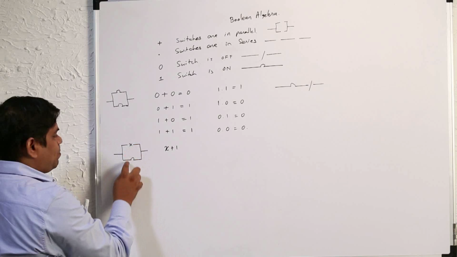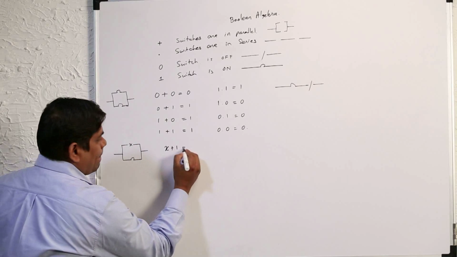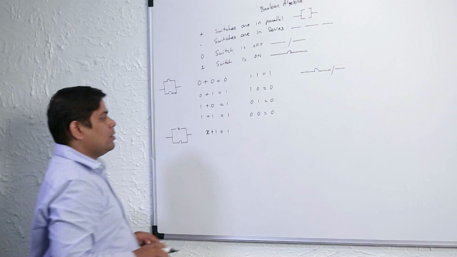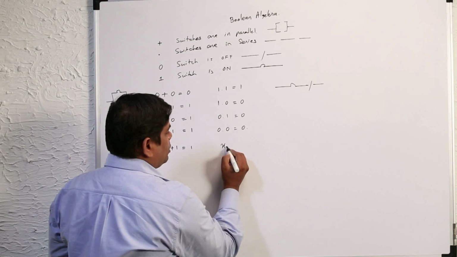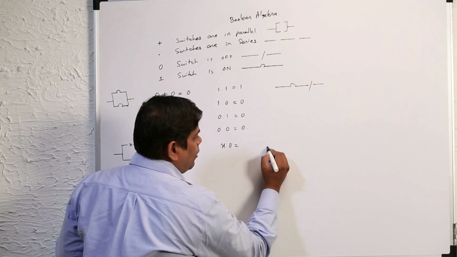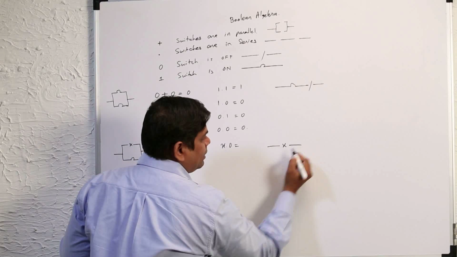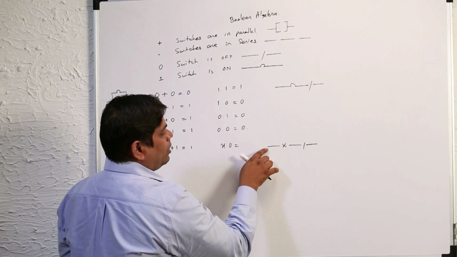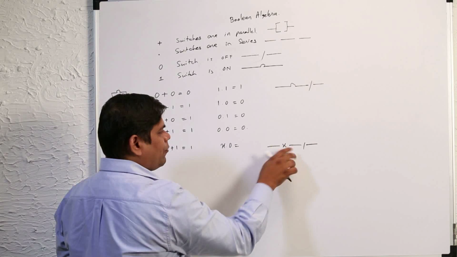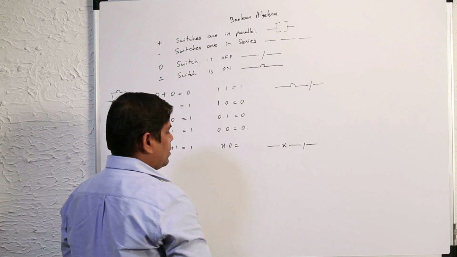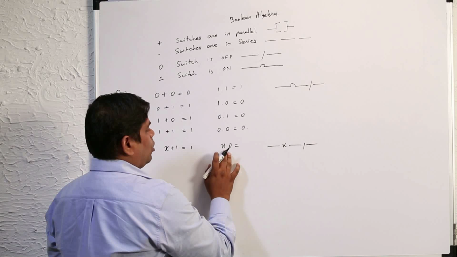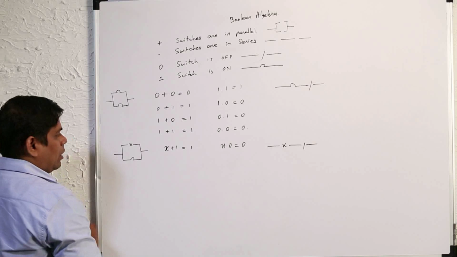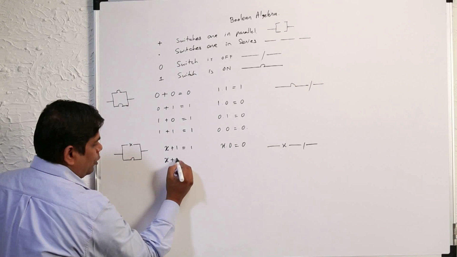So therefore, x plus 1 is going to be 1 itself, irrespective of the state of x. Similarly, what is x dot 0 going to be? So I have a variable switch connected with off switch in series. If you supply current here, whatever the state of x is, it is not going to reach the current. So x dot 0 is going to be 0 itself. Now let us see what is x plus 0 going to be.